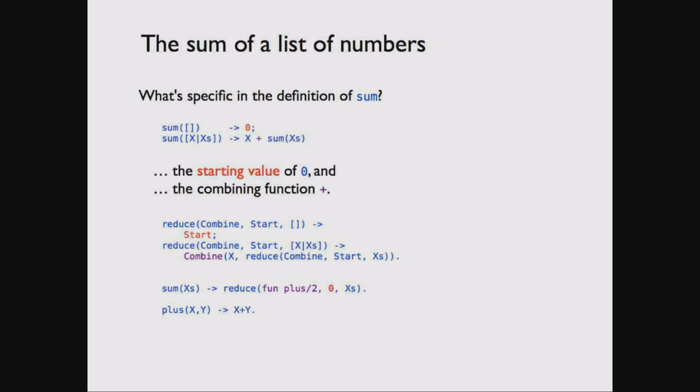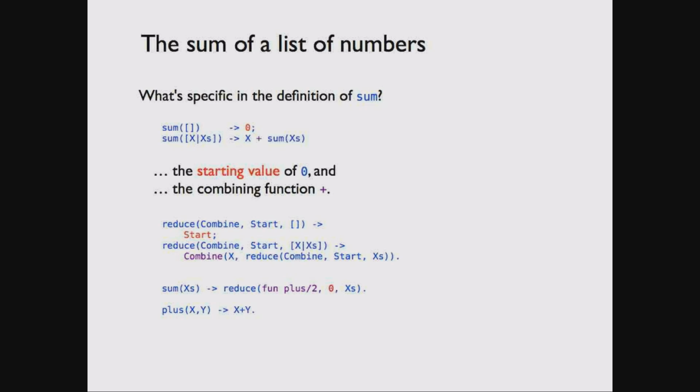And this is how we can define this as a general function. I've called it reduce here. As I said earlier on, in the lists module, it's lists fold R, F-O-L-D-R. And how does this work? Well, reduce takes 3 arguments. It takes the combining function, it takes the start value, and it takes the list.